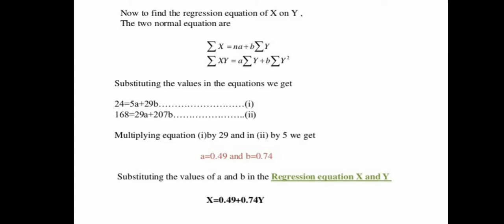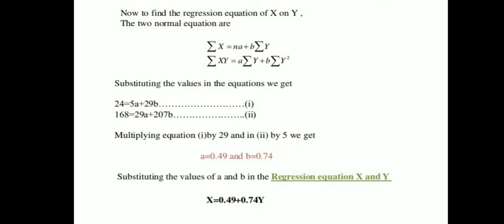So if you multiply equation 1 by 29 and equation 2 by 5, the a will be common. 29 into 5 means 145, so 145a here, and here also 145a. So a cancels, and hence you get the value of b.